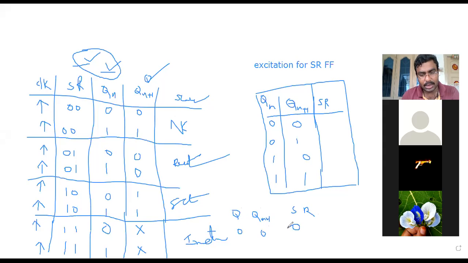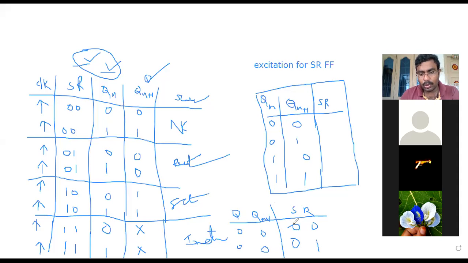And for the same present state 0 next state 0 combination, another input combination what we have is 0 1. So in this SR truth table, for the combination of present state 0 next state 0, there are two input combinations available. One is 0 0, another one is 0 1 in here, guys.